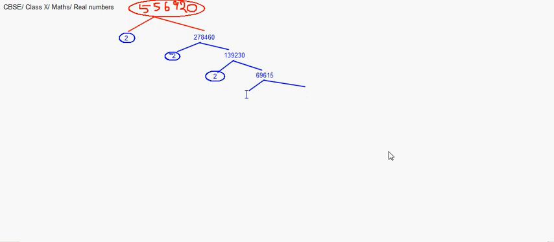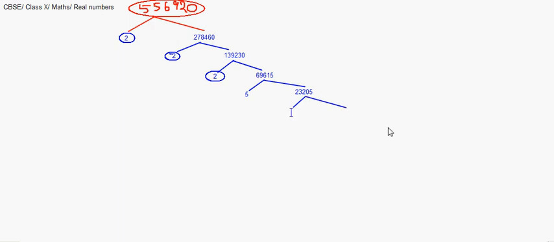5 divides it. It is not necessary that you start with 5; if it is divisible by 3, that also is a prime number, so you can carry on with it. But I thought 5 would divide it, so I get 13923, because I told you the sequence in which you write the prime factors doesn't matter.